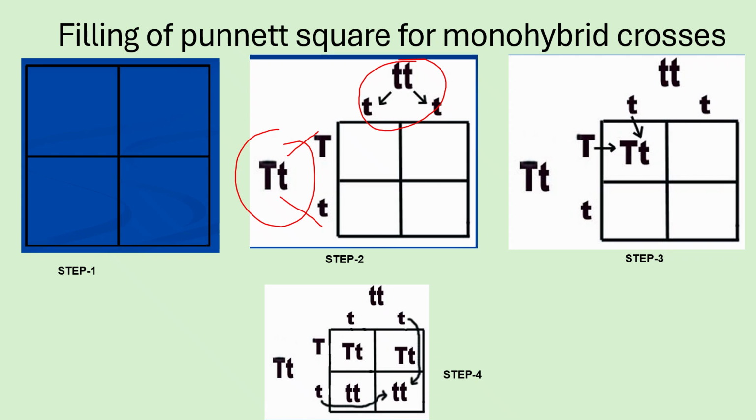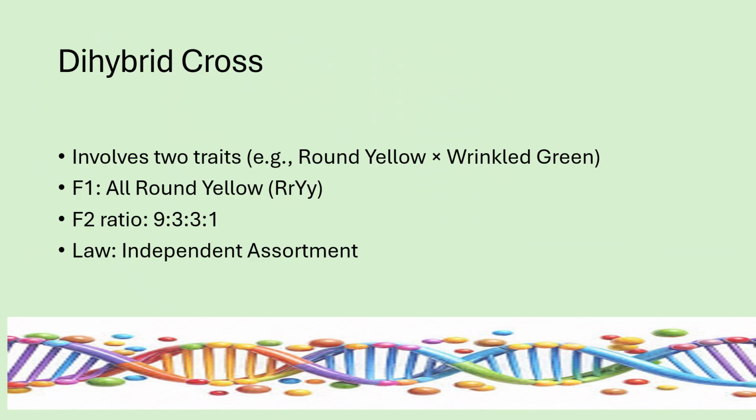So these alleles are separated from each other, and then you put them here, and as we fill up the matrix, we keep on crossing and filling them, right? So this is how we fill the Punnett square, and then we get the genotypes.